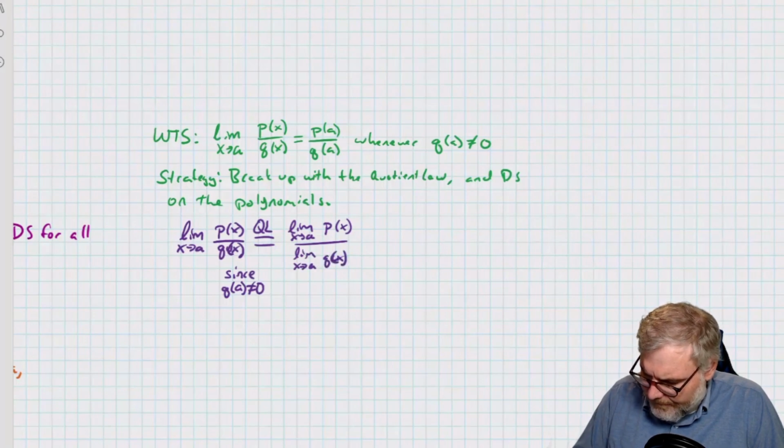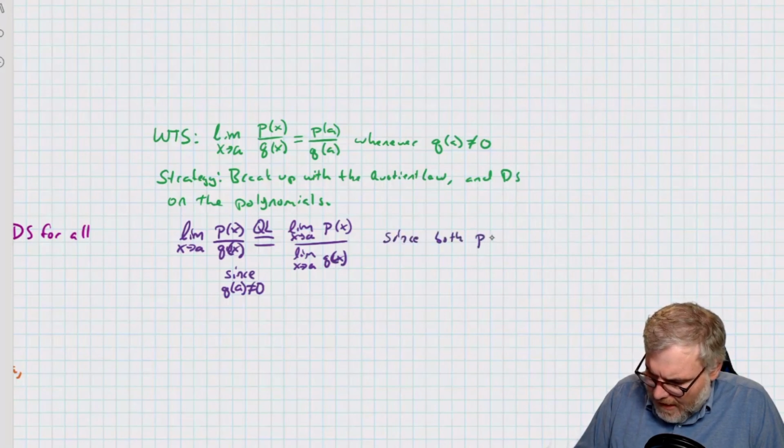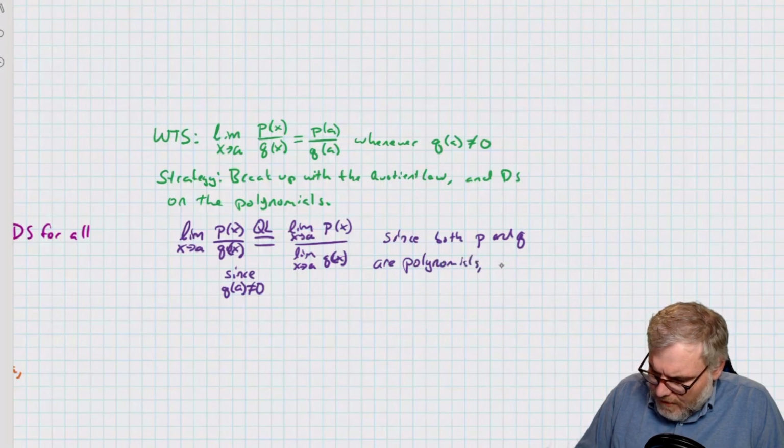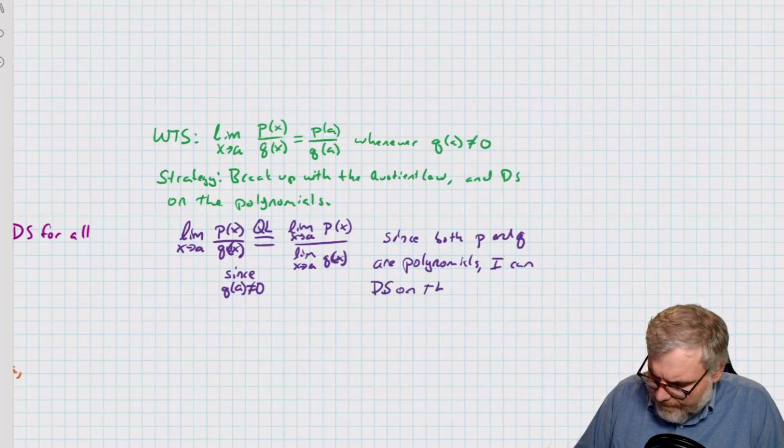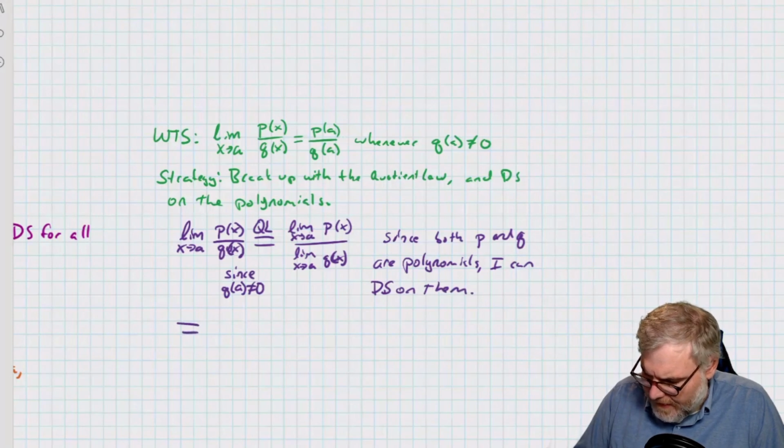Now, since both p and q are polynomials, I can directly substitute on them. So this limit here equals p of a over q of a.